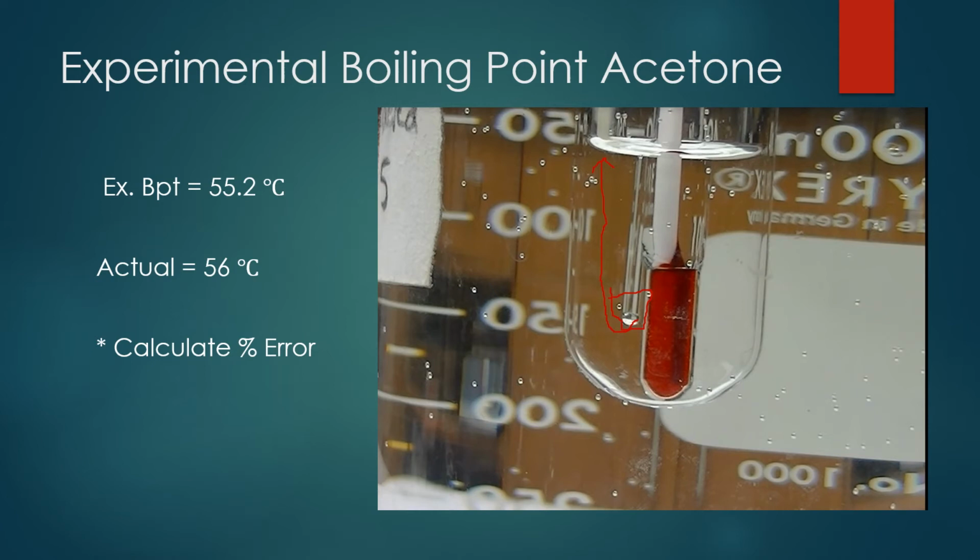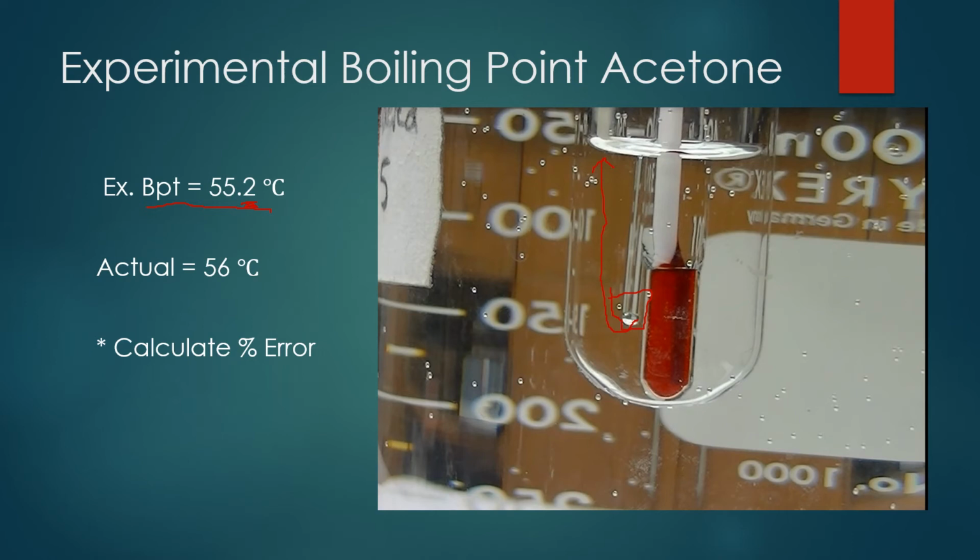When I did this in the lab, I got an experimental boiling point of 55.2. Now you can't see the numbers on the thermometer, but they do go by ones. Go from 55 to 56 to 57, etc. So notice when I recorded the boiling point, I went out one further than the device allowed, 1 decimal place.